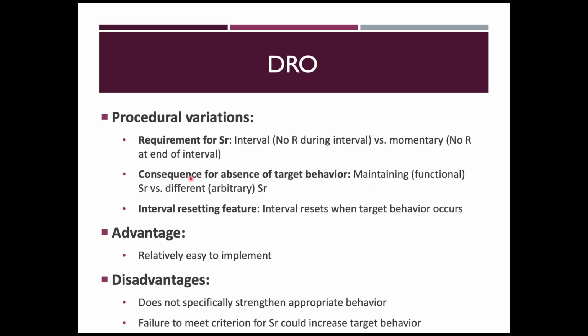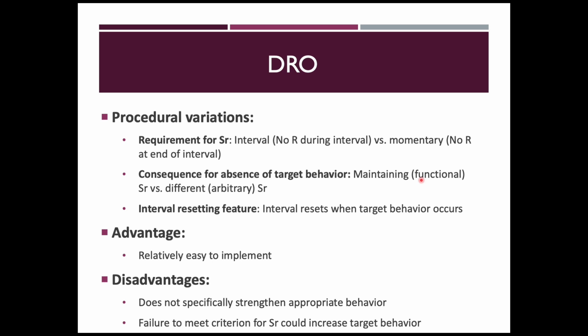Other variations could be based on the consequence for the absence of the target behavior. Now, we're going to assume that we did a functional analysis and identified the reinforcer that maintains problem behavior. So when we set up the DRO, we can use that reinforcer to reinforce the other behaviors, the appropriate behavior, and withhold it for the problem behavior. So we call that the functional reinforcer, right?